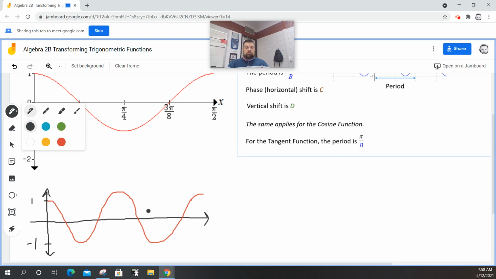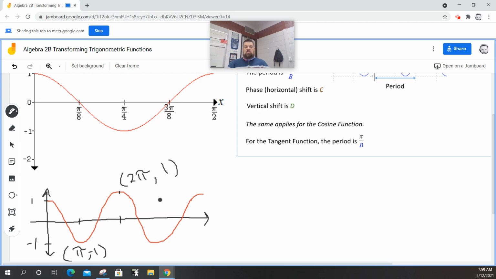So this point right here would be 2 pi, comma, 1 for my x, comma, y. Okay. And then this would be pi. So this would be like pi, comma, -1.